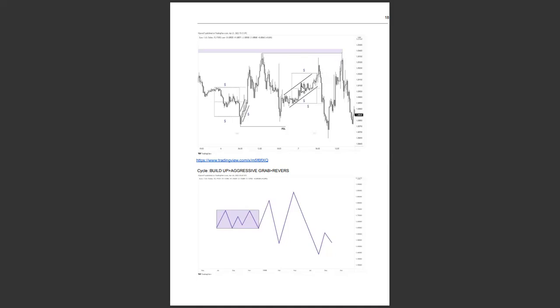station, right? So some flag movement, there was a false flag, the market grabbing liquidity from the flag, you know, cycle builds up aggressive, grabs, reverses. So you see, this one is like an accumulation where it builds up liquidity, right?